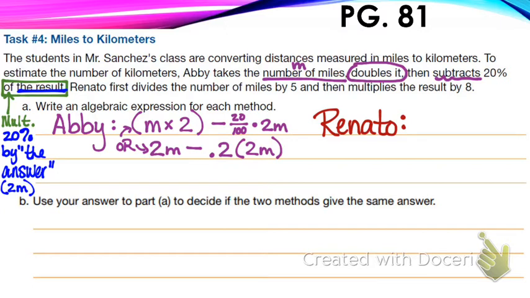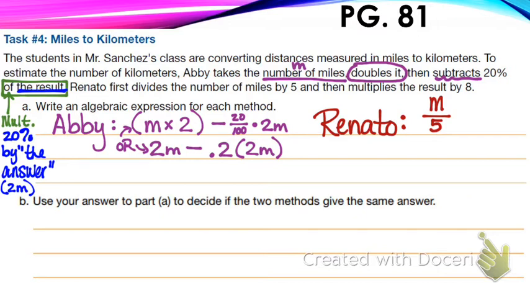So I want to represent this symbolically. AB, how can I symbolically represent taking the number of miles and dividing it by 5? M over 5. That means m divided by 5, right?